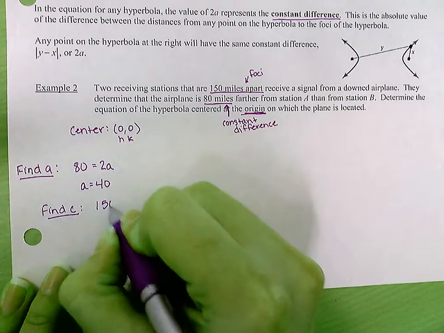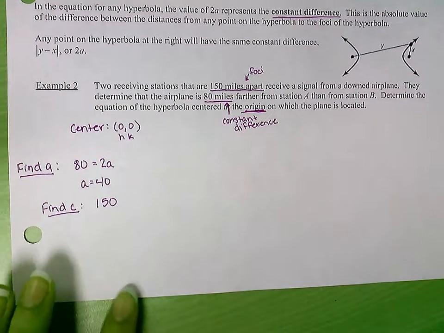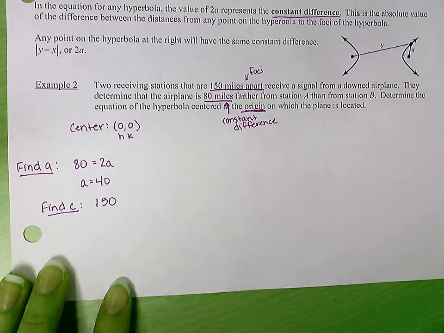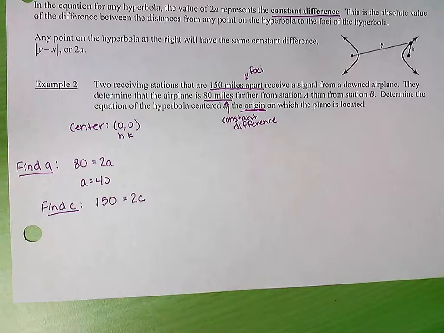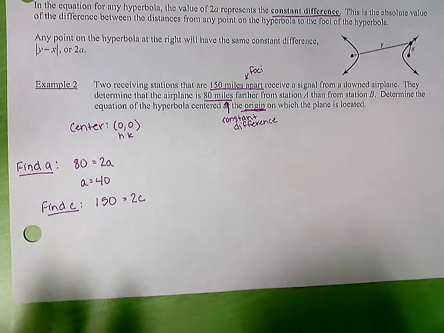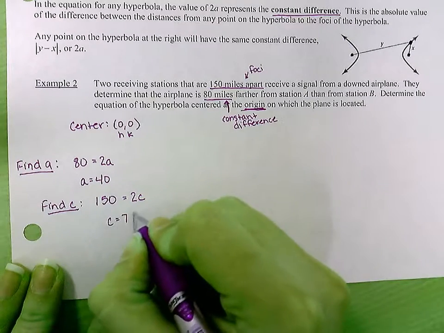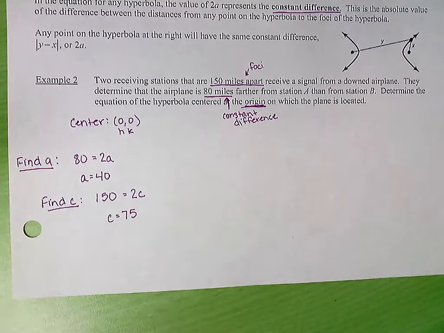So I'm going to take that distance between my 2 foci points, and it's equal to 2C. So I can divide 150 by 2. So C is 75.